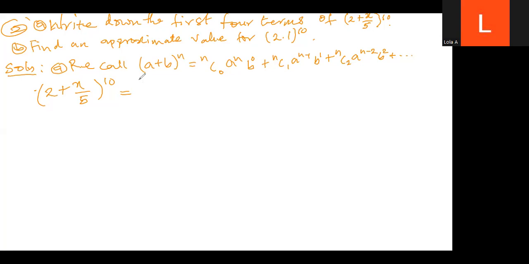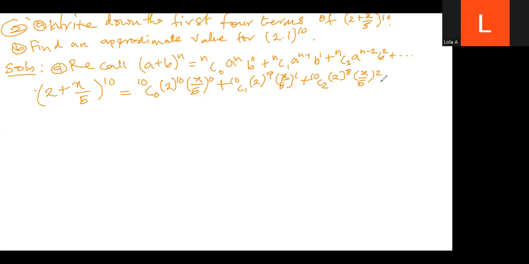So that will give us 10 combination 0, 2 raised to the power 10, x over 5 raised to the power of 0, plus 10 combination 1, 2 raised to the power of 9, x over 5 raised to the power of 1, plus 10 combination 2, 2 raised to the power 8, x over 5 raised to the power of 2.